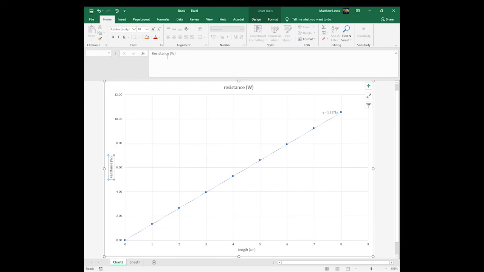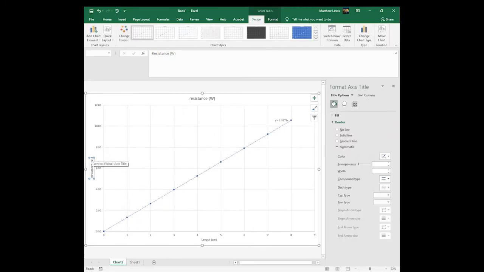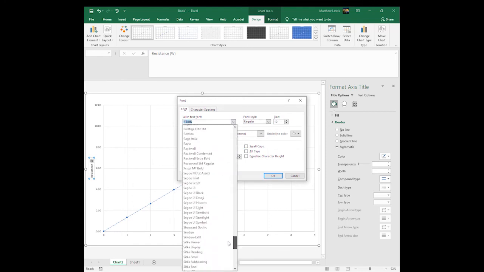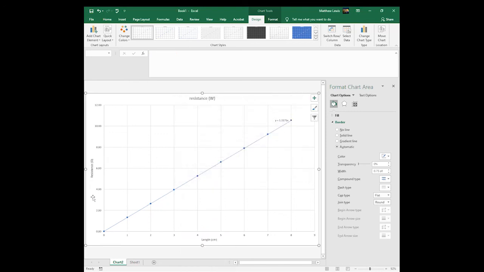It won't let us change the font of our axis label, which is a pain. So I'll click just on that, right click, font, and go down to find symbol. There it is. Click OK, and it changes just that. There we are, resistance in Omegas.